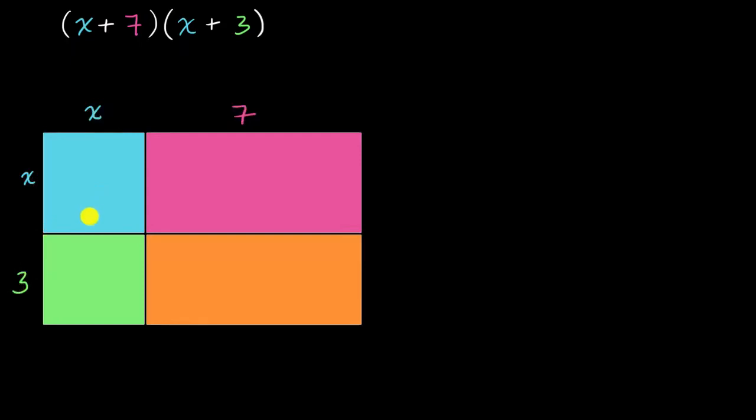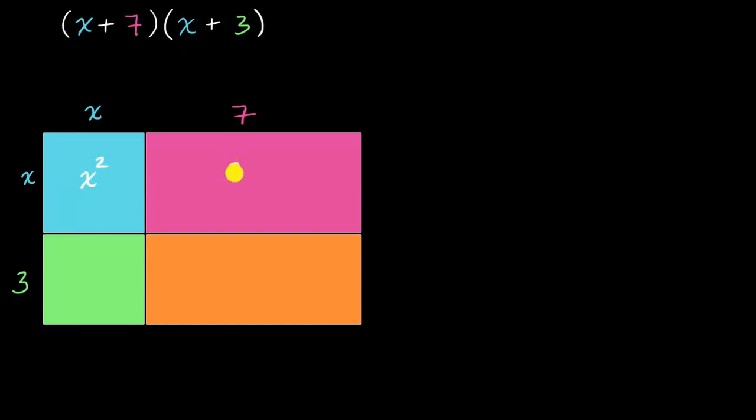And what area models did is they helped us visualize why, or how, we multiply the different terms. Because the entire area is going to be x plus 7 times x plus 3. And then, of course, we can break that down into these subrectangles. This rectangle, which is actually going to be a square, would have an area of x squared.